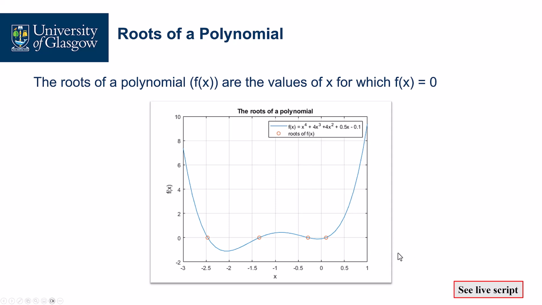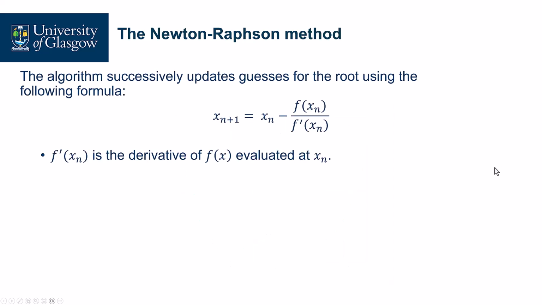So how can the Newton Raphson method find that? The Newton Raphson method follows an iterative process. Each time we consider an x, and this x can be anything, and we follow this formula to generate the x n plus 1 in the next iteration. So we can see xn, the current iteration n, x is this value, but x minus the f(x) divided by the derivative of f at xn.